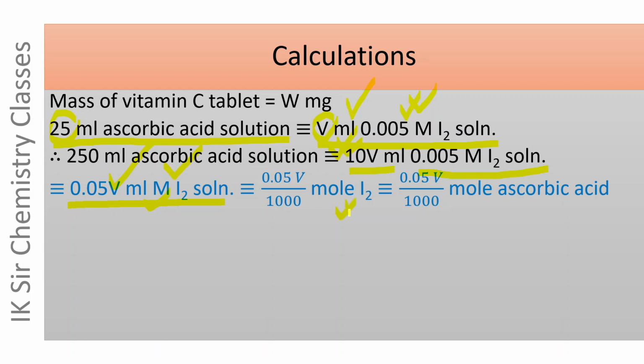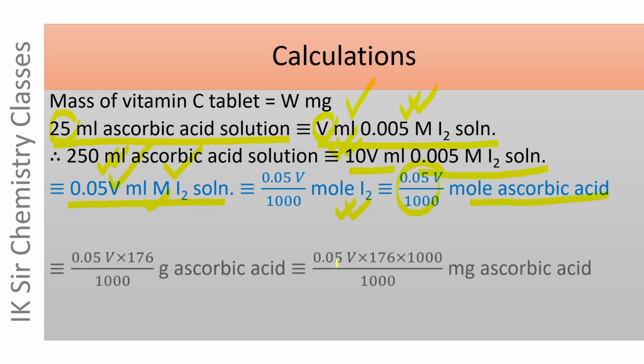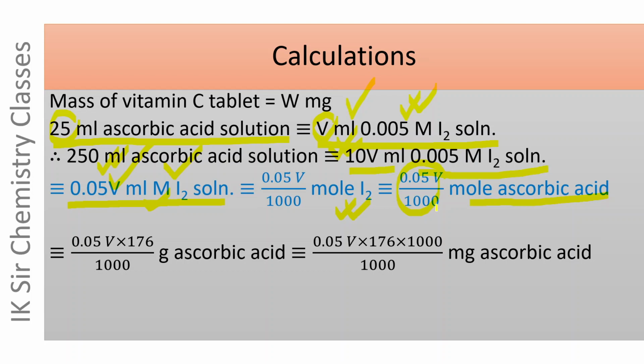And we have already seen that 1 mole of iodine reacts with 1 mole of ascorbic acid, and therefore the same number of moles of ascorbic acid will be present in 250 ml ascorbic acid solution, that is 1 tablet of vitamin C. And the molar mass of ascorbic acid is 176 gram per mole, and hence this number of moles can be transformed into mass by multiplying with 176, and it is gram of ascorbic acid.